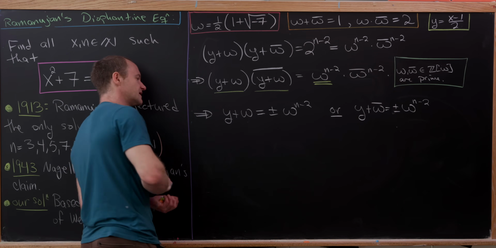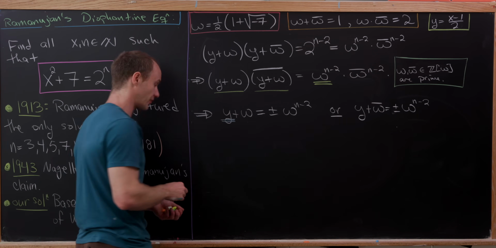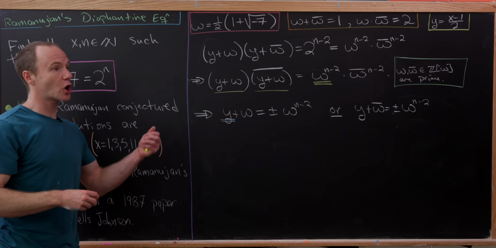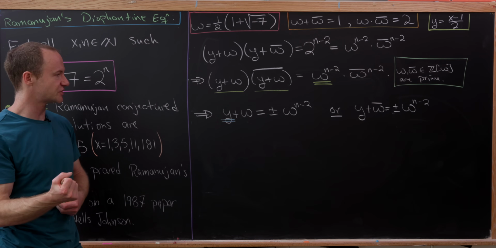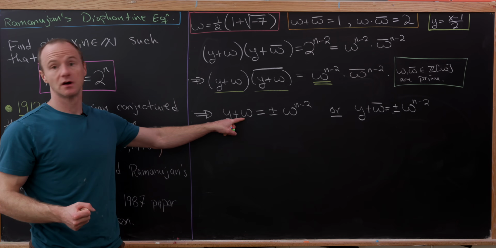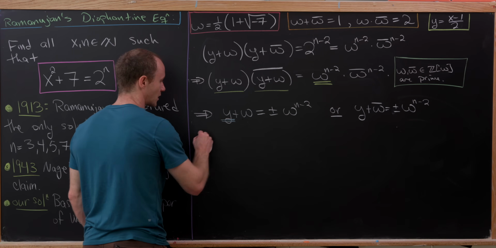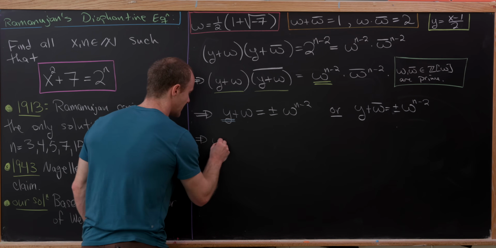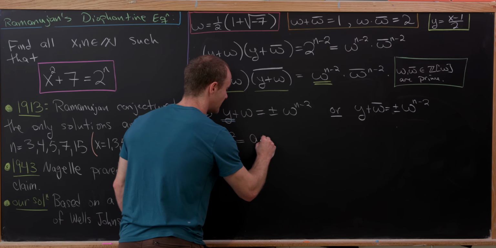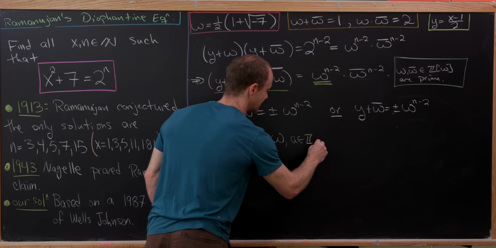But now let's notice that this number y here is an integer, like a pure integer. So that means when we look at the coefficient of integers and the coefficient of omegas, well, the coefficient of omega here is just 1 over here on the left-hand side. So in other words, we have omega to the n minus 2 is equal to a plus minus omega, where here a is just an integer.